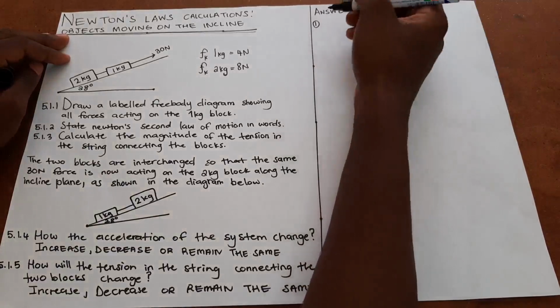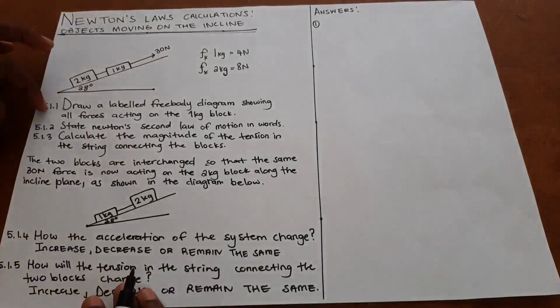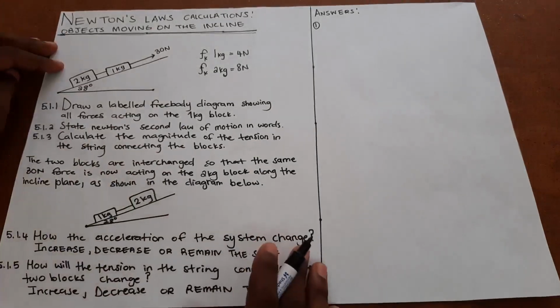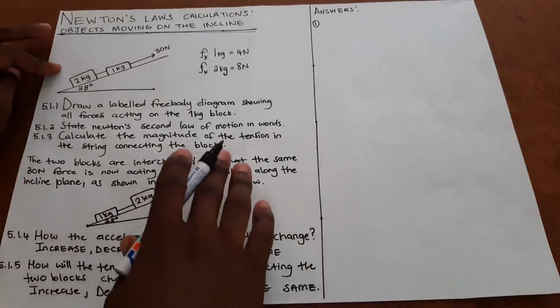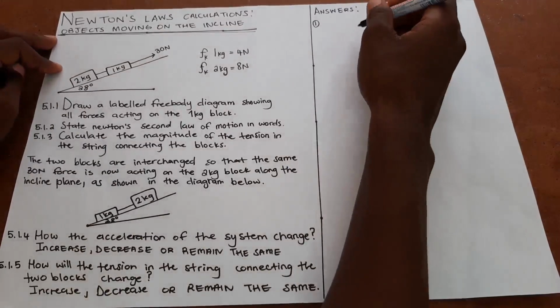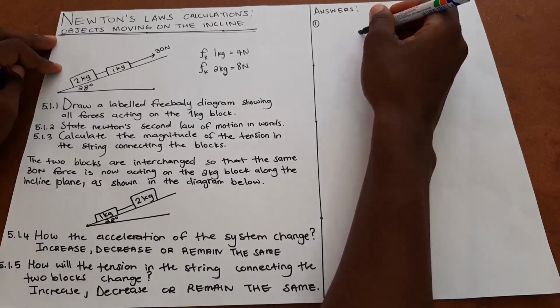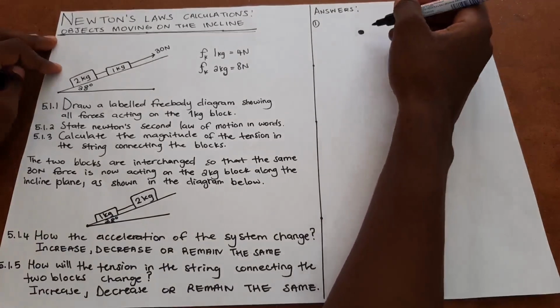Number 5.1.1: draw a free body diagram for this 1 kg block. This represents the 1 kg block, with all forces acting on it.